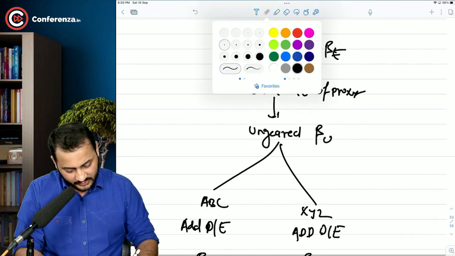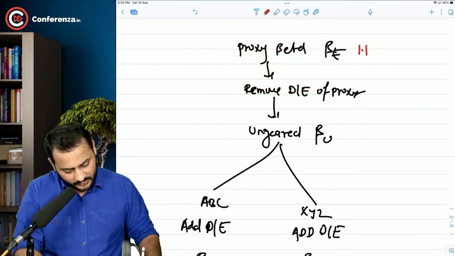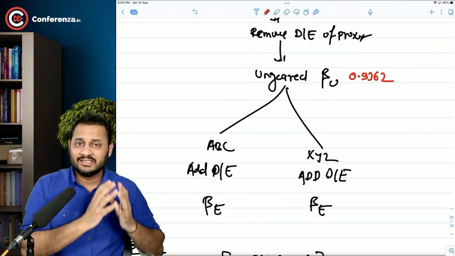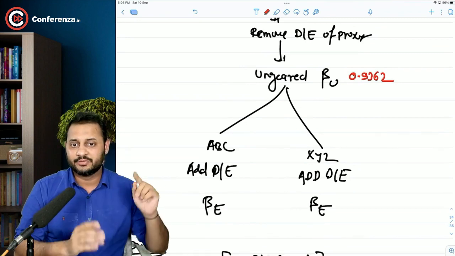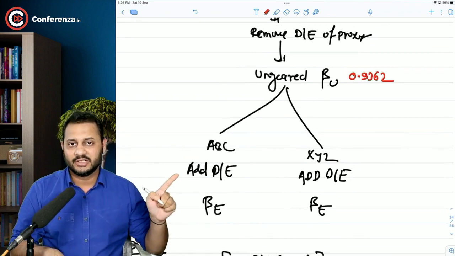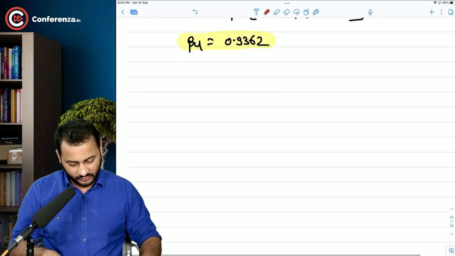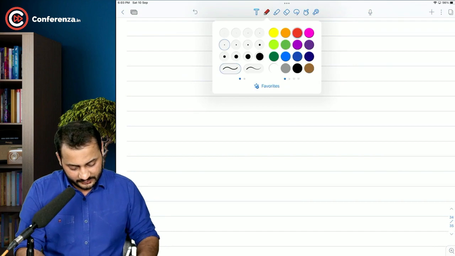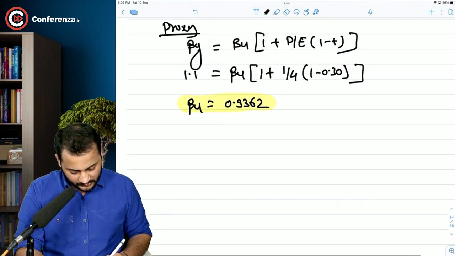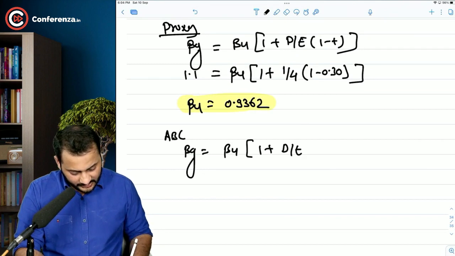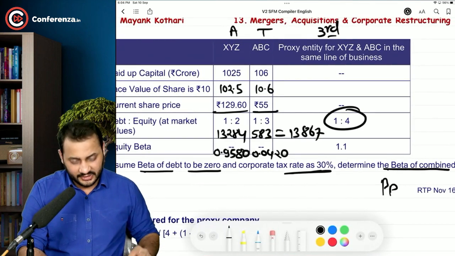So what we have done till now is convert 1.1 to 0.9362. Now this 0.9362 will be used two times. One with the debt equity of ABC, to calculate the beta of ABC, and the other with XYZ. Now ABC geared beta is equal to ungeared beta times 1 plus debt equity times 1 minus tax. What is the debt equity of ABC?